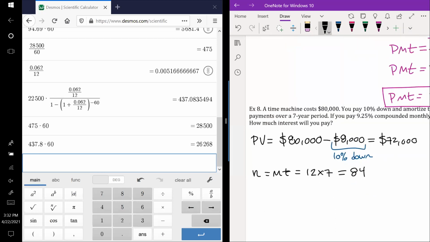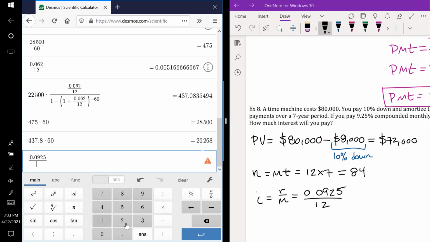And then we can find I. We are getting a rate of 9.25%. So 0.0925 over 12. And let's see if that's a good decimal number. It is not. So we'll leave it as is.